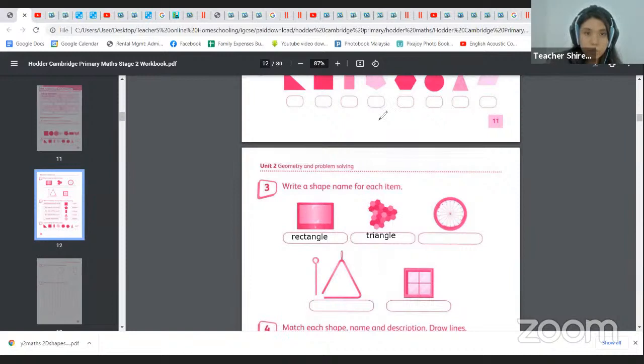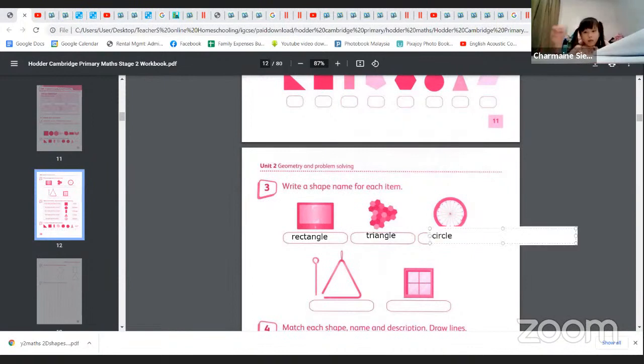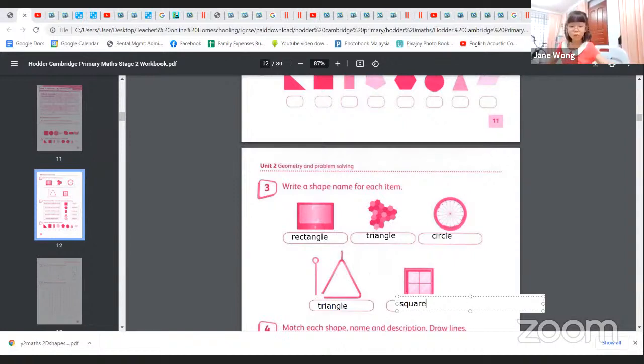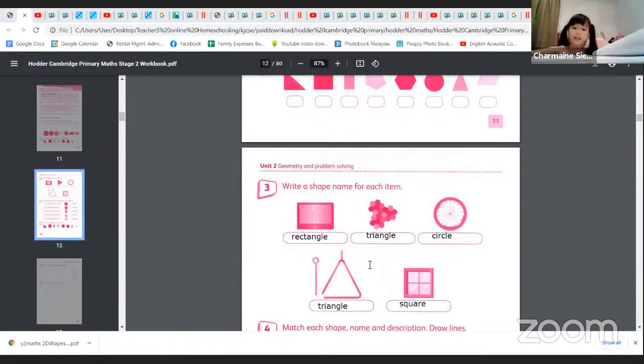Okay, back to Charmaine and Aiden. What shape is this? Circle. Good. What shape is this? Triangle. What shape is this? Square. Fantastic. We need to do the sheets you sent us just now.